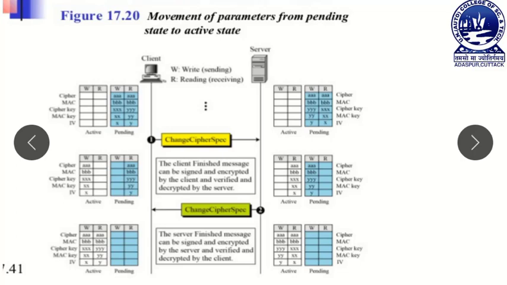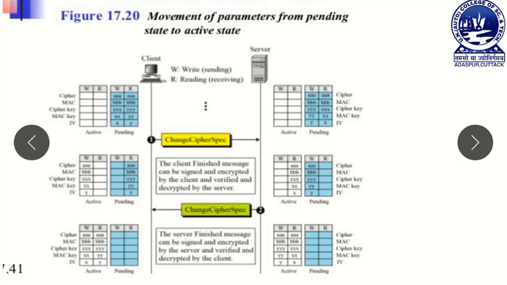When this message is coming from the server to the client, the write outbound parameters are moved from the pending state to the active state. Then the server can use these parameters to sign or encrypt the outbound message.